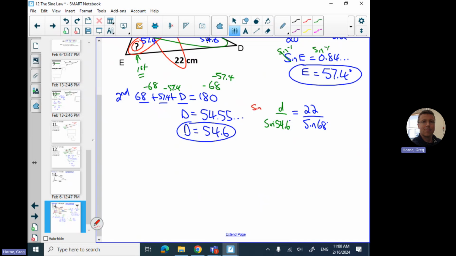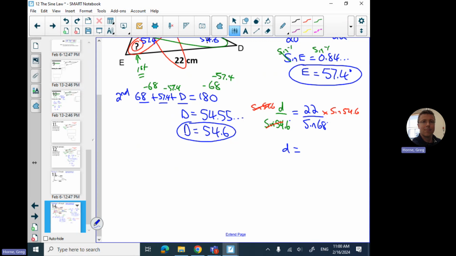If I multiply by sine of 54.6, that's gone. So we're going to have D equals all that stuff. I can do the sine of 54.6 first, just to anchor it in. Hit enter, got 0.815, multiplying by the 22, and then dividing by the sine of 68.